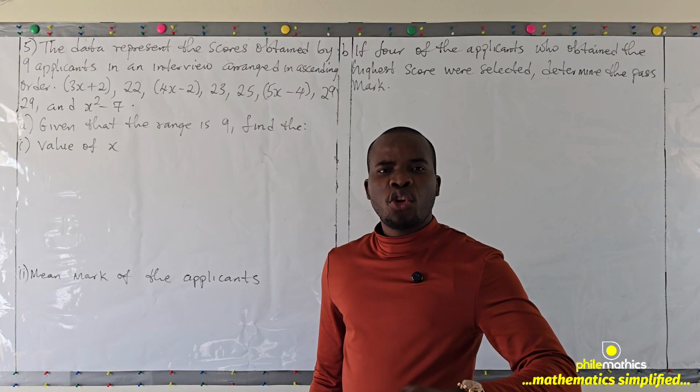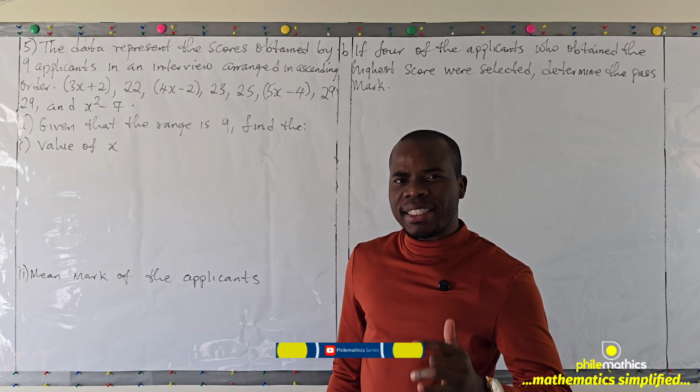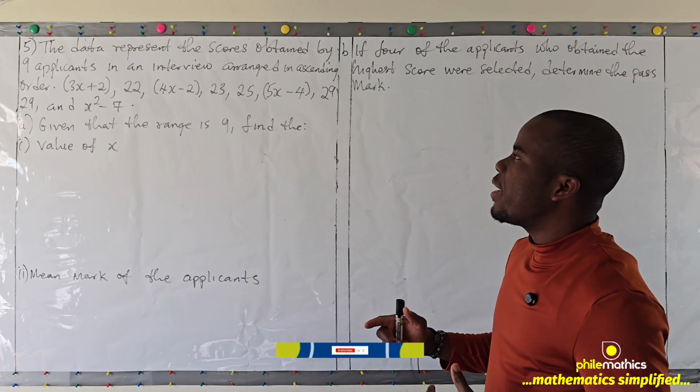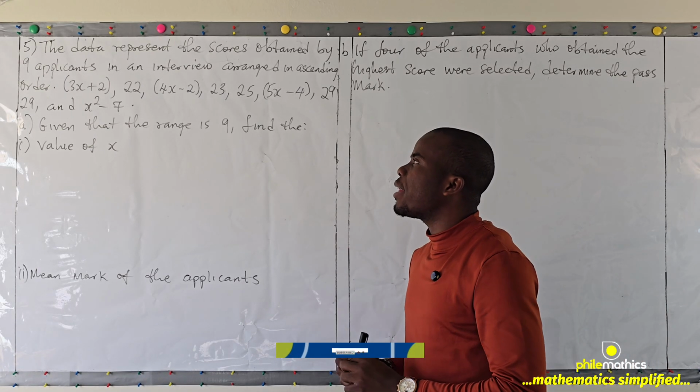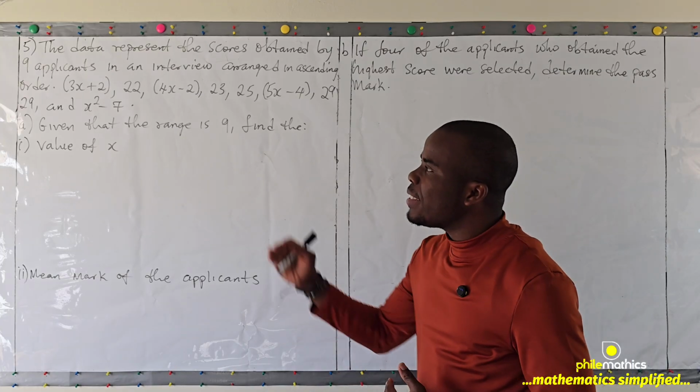The fifth question of WAEC 2025 theory is a question on statistics. And let's see what it says. The data represent the scores obtained by 9 applicants in an interview arranged in ascending order.